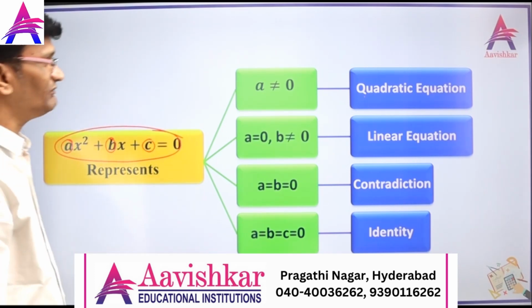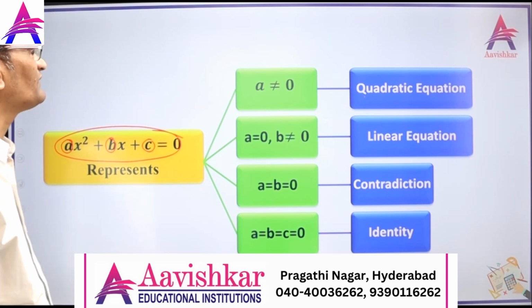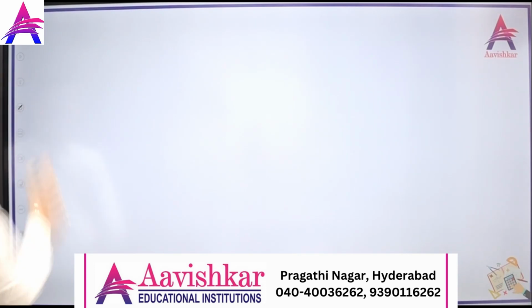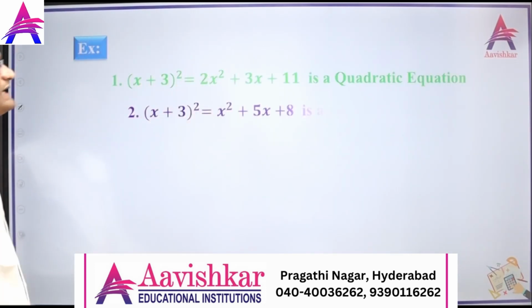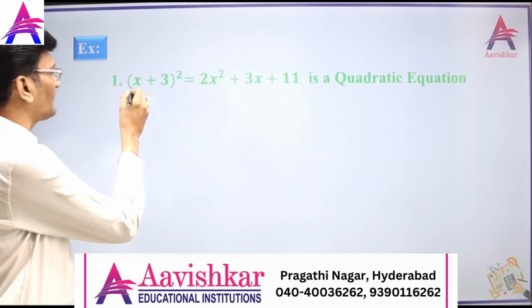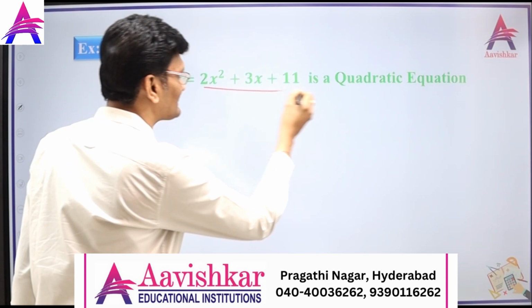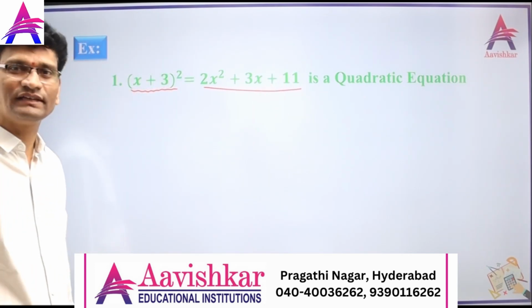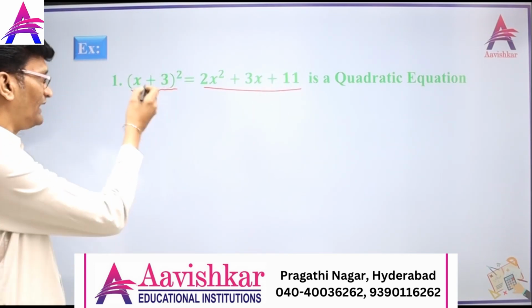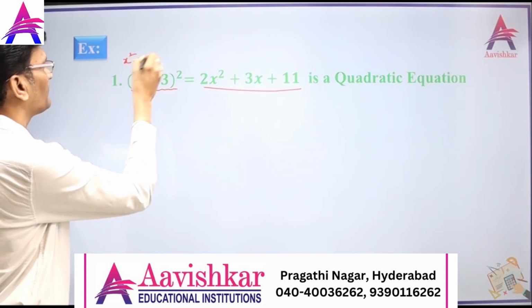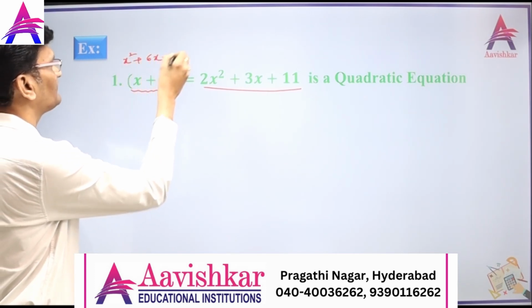Now let us see one by one a few examples about these. First of all, I am taking one quadratic equation. Here it is x plus 3 whole square is equal to, in the RHS, 2x square plus 3x plus 11. Now expanding the LHS, what you will get here? x square plus 6x plus 9.